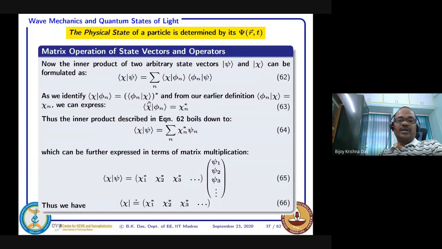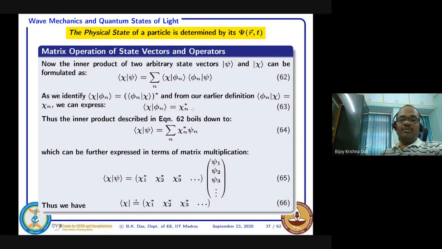So if this is chi n, we can write phi n chi equal to chi n. Now if you are switching the bracket, then you have to get the complex conjugate. So whenever I write chi phi n, that means chi n star.